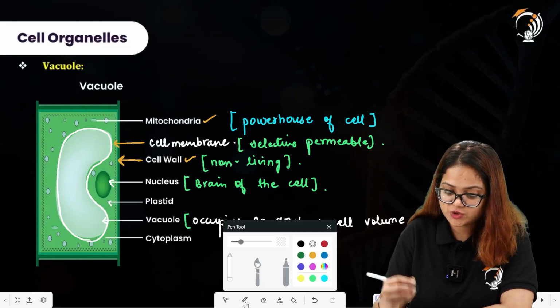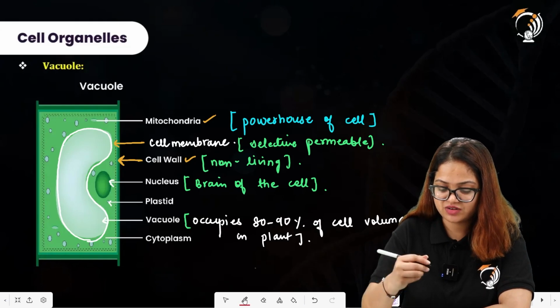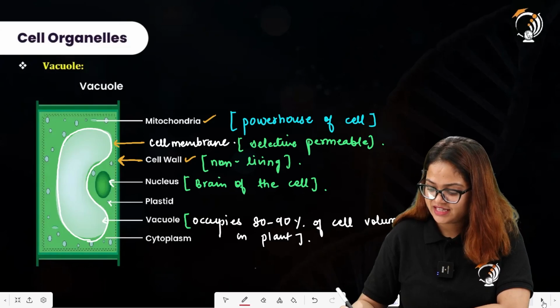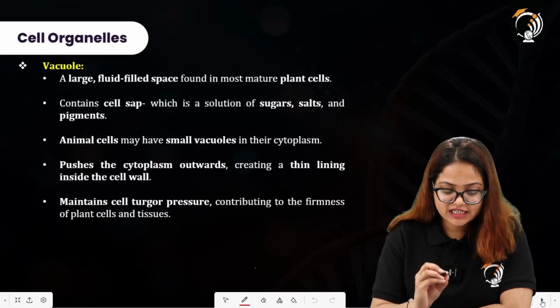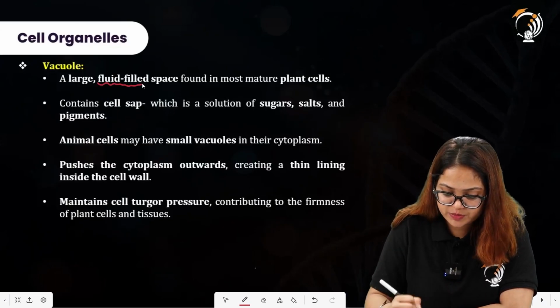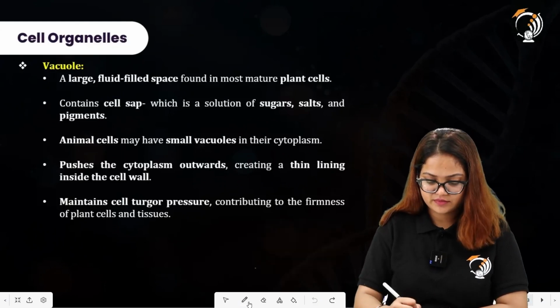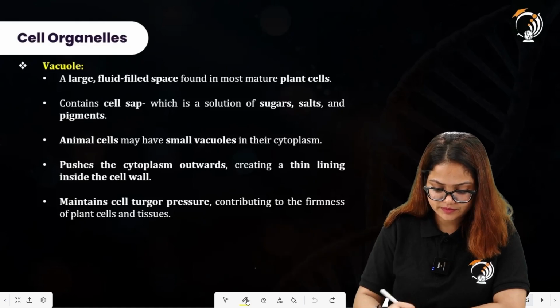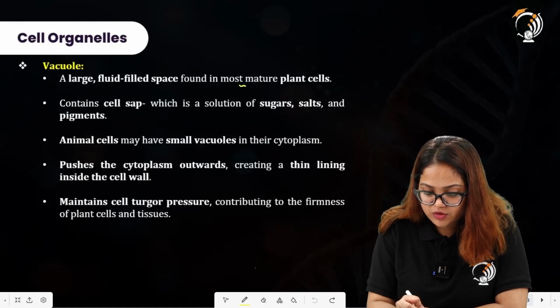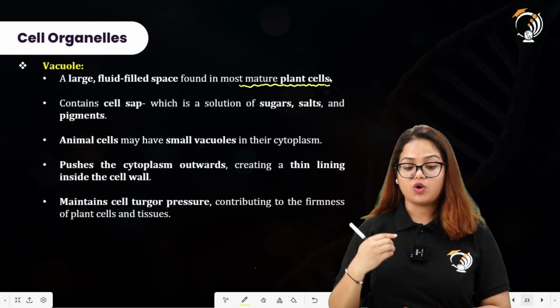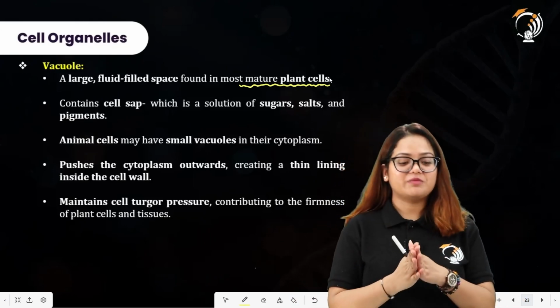We have just understood about the cytoplasm, the main region or arena for cellular activities. Now, the vacuole is a large fluid filled space, found in most mature plants. Why it is not present in all plant cells, we will also study.